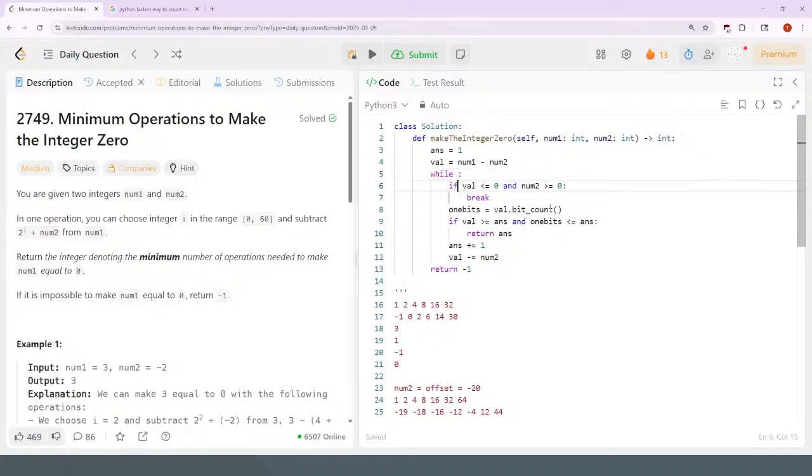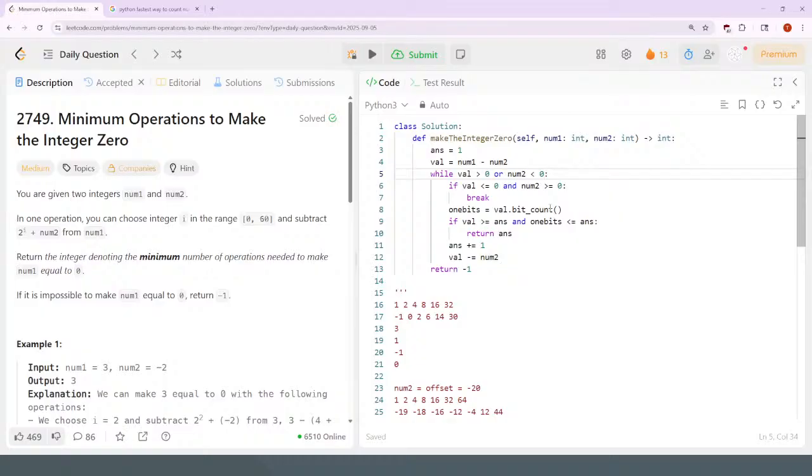If this is breaking, then this should be true during the loop. So the reverse of this logic would be value greater than 0 or num2 less than 0. Right? Num2 greater than or equal to 0, negation is num2 less than 0.